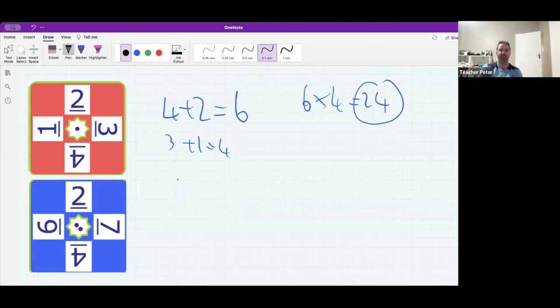Any ideas? That's a 6 and a 7 and a 4 and a 2. I can give you a hint if that's helpful. I think 7 minus 4 is a good place to start.